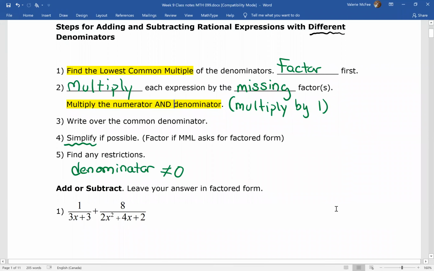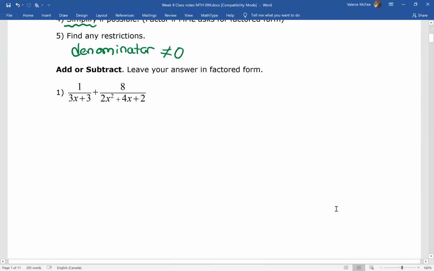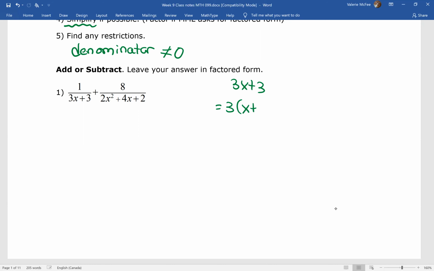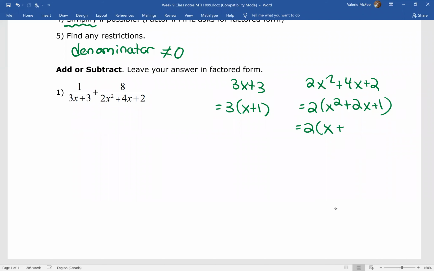Okay, so we have an example here. We want to find the lowest common multiple of the denominators. That means I'm going to need to factor each of them. We have 3x plus 3, which is equal to 3 times x plus 1. We have 2x squared plus 4x plus 2. I see there's a common factor of 2. And then when I factor, I get x plus 1 all squared.